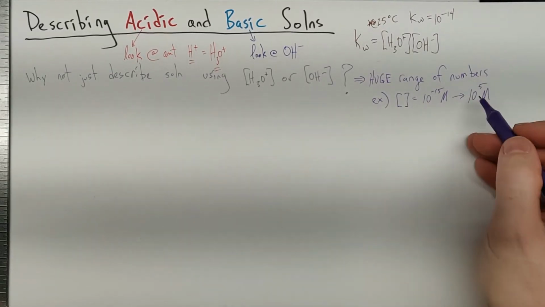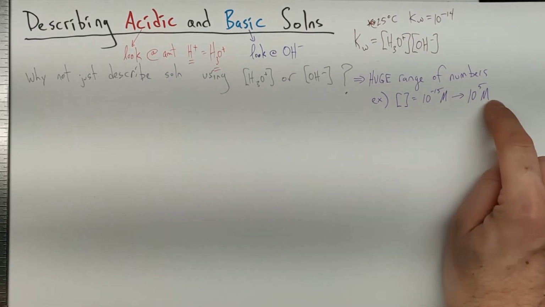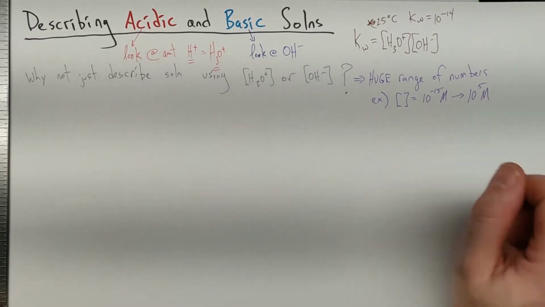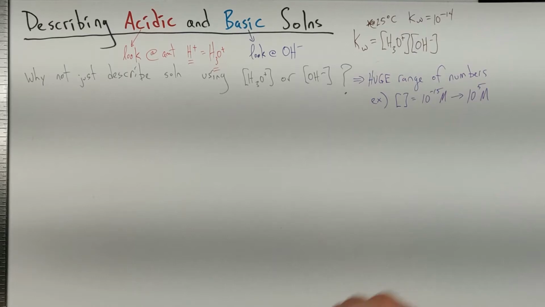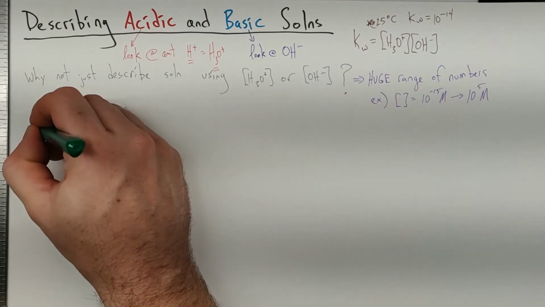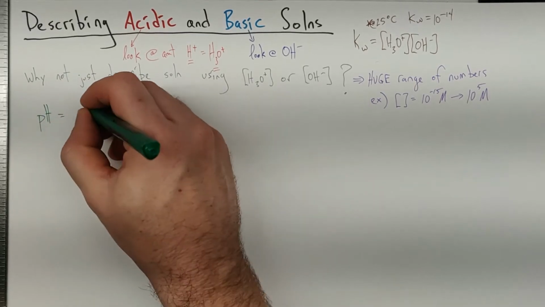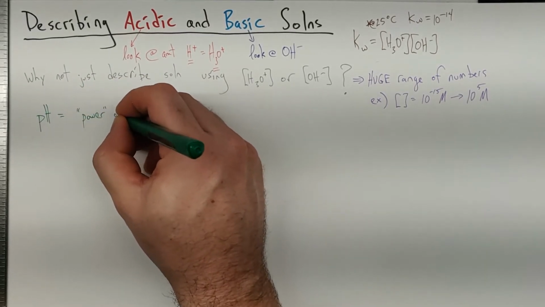You can have lower concentrations, you can have higher concentrations, but the idea is there's this huge spread and we need some way to deal with that. Luckily, math has given us the ability to deal with that, and that is logarithmic operations. And so we come up with this idea of a pH, which is literally the power of hydrogen.